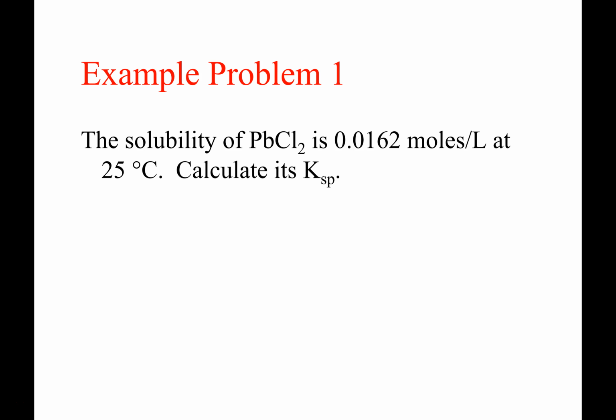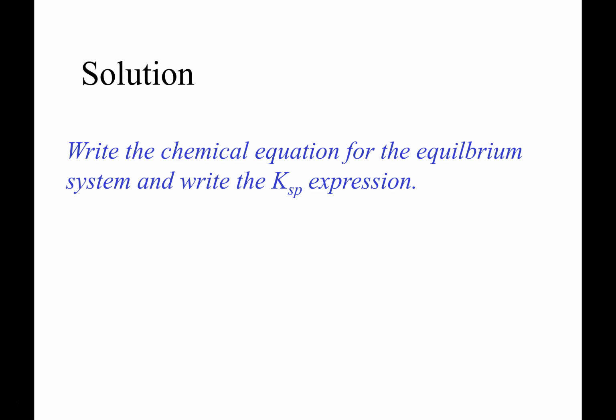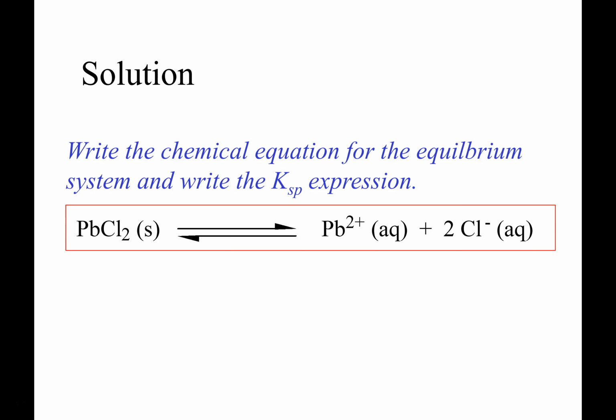Lead 2 chloride solid goes to what? Write the cations and anions on the other side. So the balanced equilibrium of dissolving lead 2 chloride looks like this.